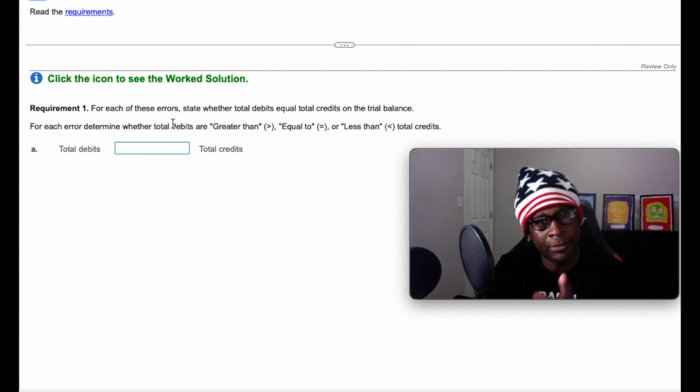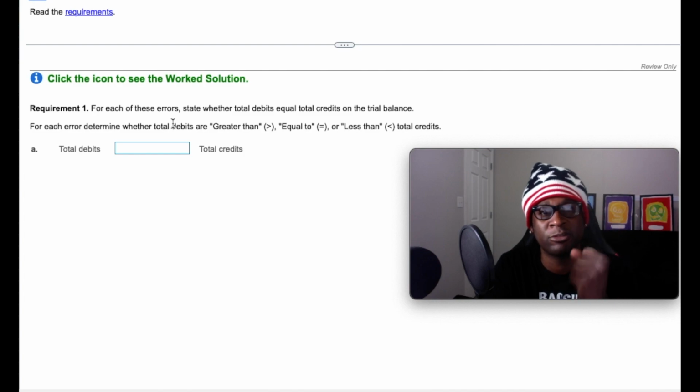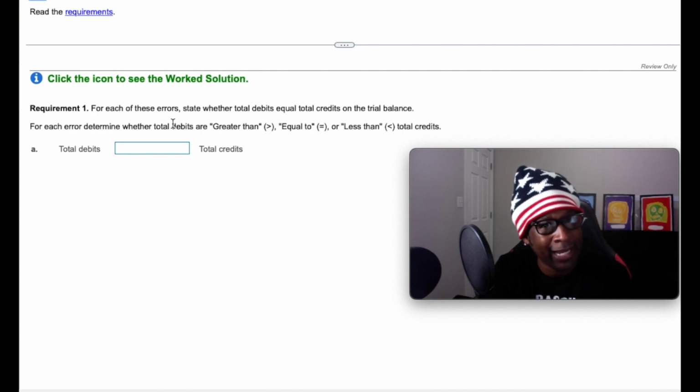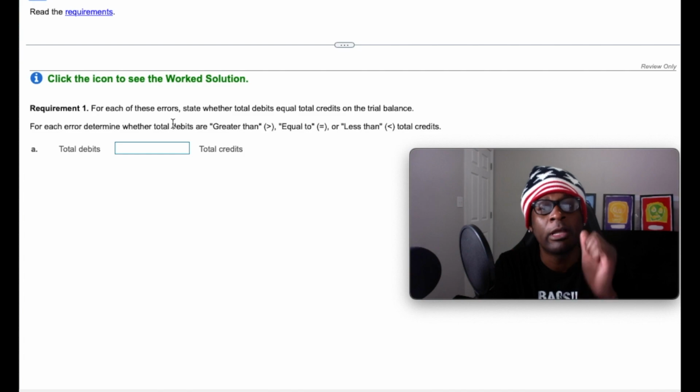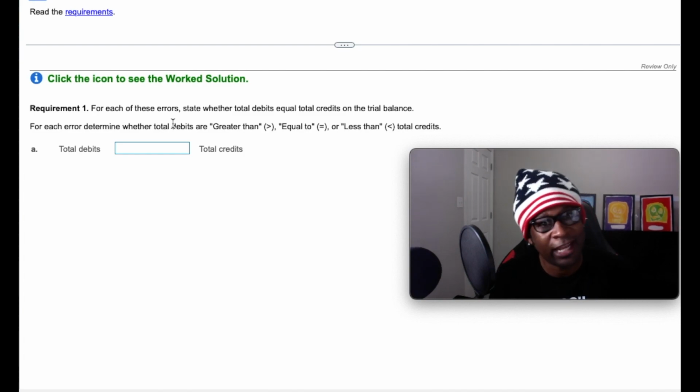So some of the things you must know: how to properly journalize for this particular problem, and understand what is reported on the trial balance in terms of the account's normal balances. When we talk about normal balances, we are talking about the side in which that particular account increases. And what I like to use to help us out with that is the ALL CLEAR system.